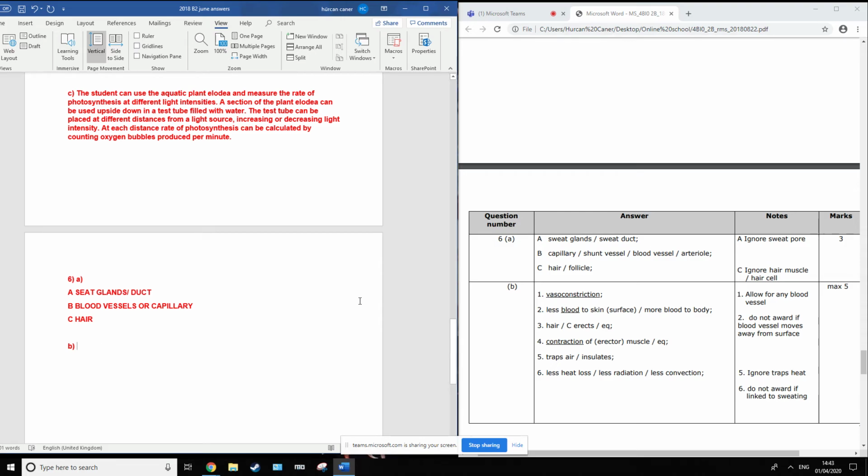So, capillaries near to the surface constrict, decreasing the blood flow nearer to the skin surface.